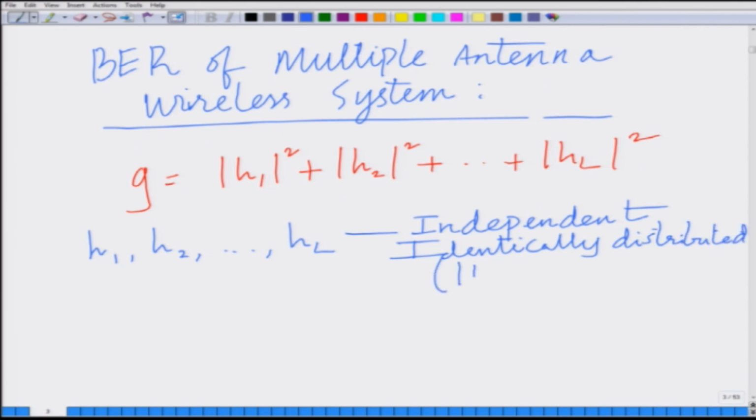This is also termed as the IID assumption.